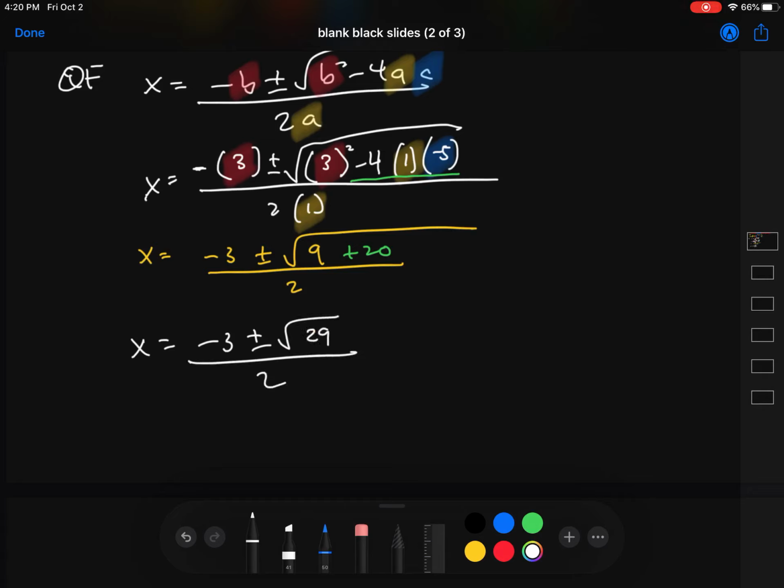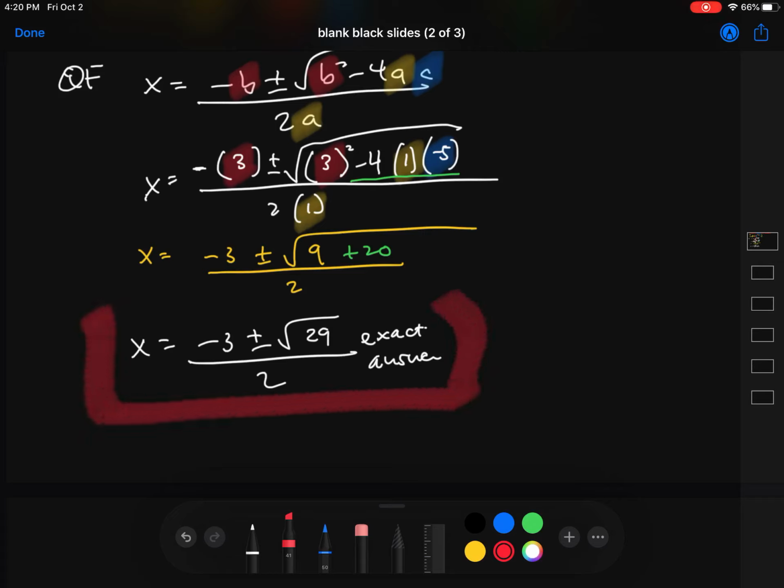All divided by 2. Now this problem doesn't tell us to use decimals, so we'll keep this as an exact answer. Let's write that, exact answer, and let's just keep that as our final answer. Now, I want to explain the plus or minus.